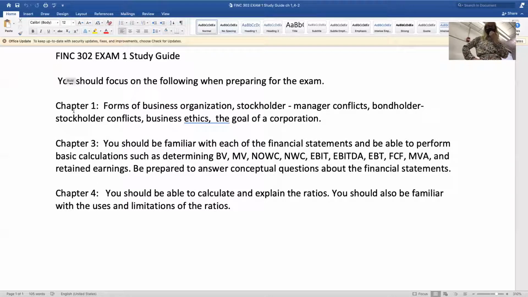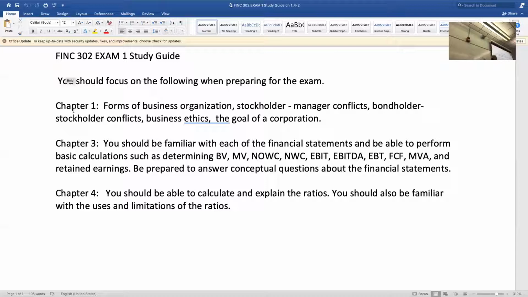So for example, you might be asked how to calculate the net working capital. It isn't in here, but let me write this down for you. The net working capital is simply current assets minus current liabilities. Or you might be asked to calculate the net operating working capital.